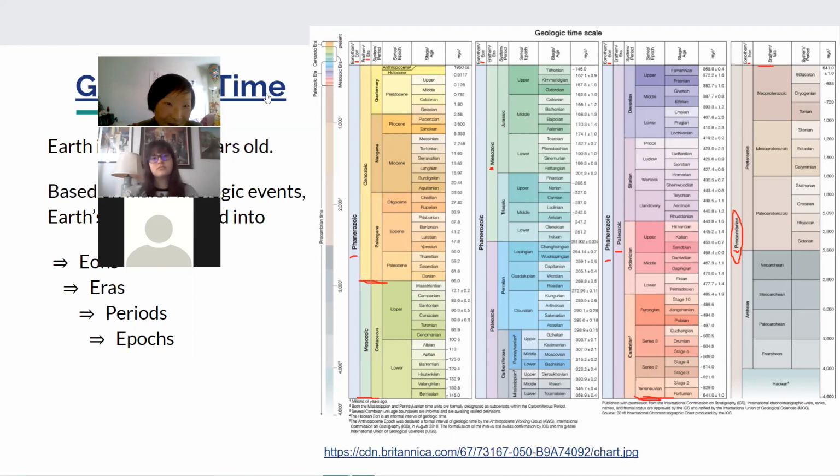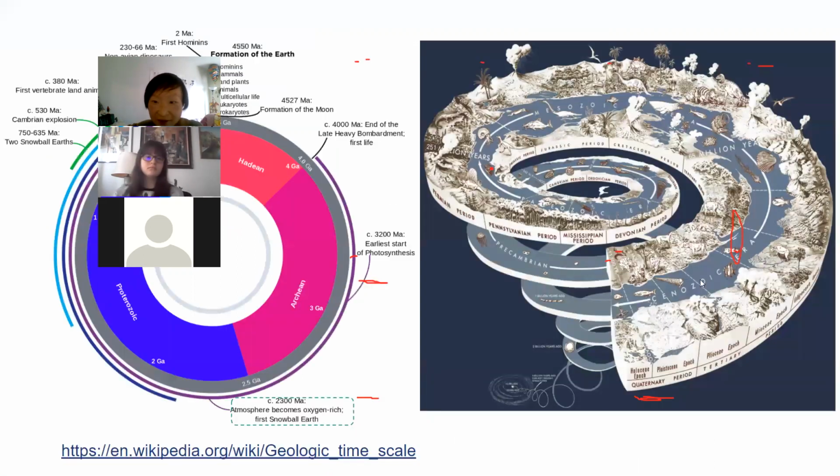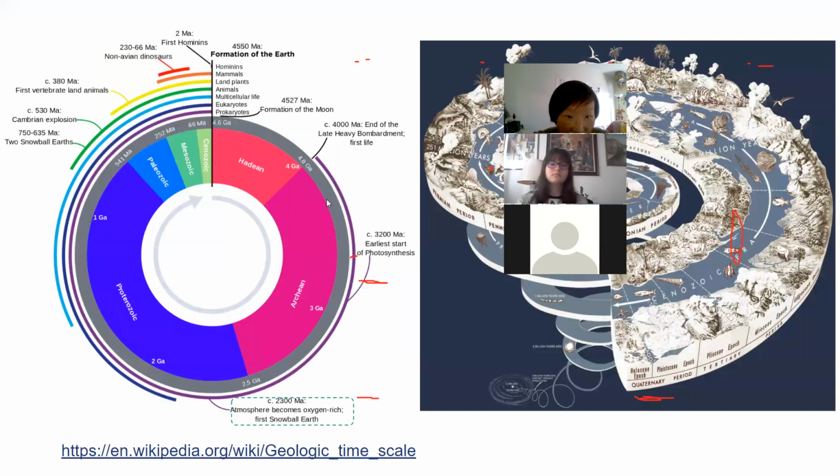Okay, all right, so in the next slide, you can see, based on different events, here is the thing I'm looking for. You start seeing the first vertebrates, right? The land animals from here, and then you have different dinosaurs, and dinosaur extinction, and you subdivide into another zoic, right?